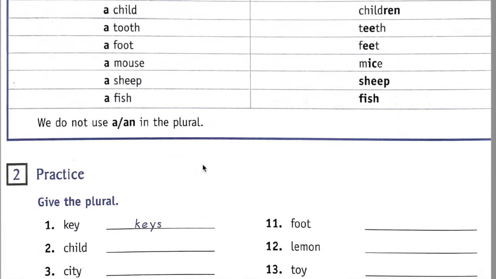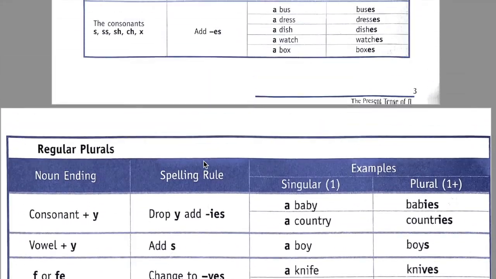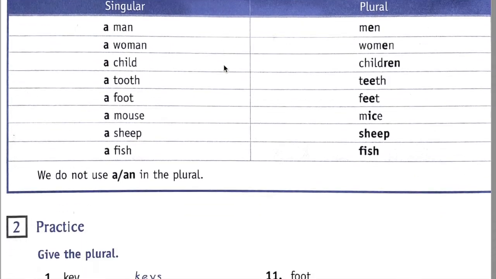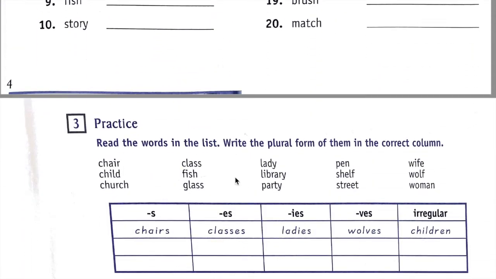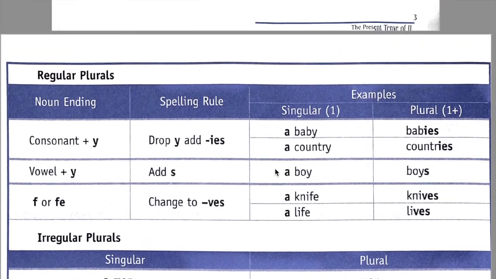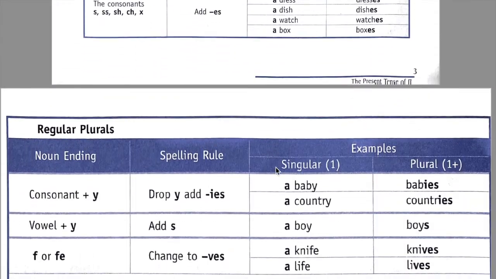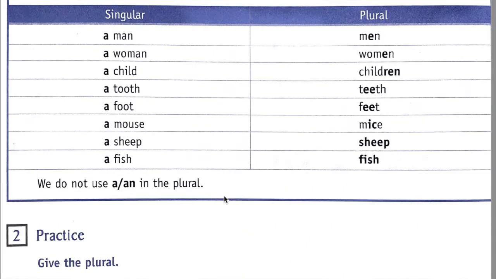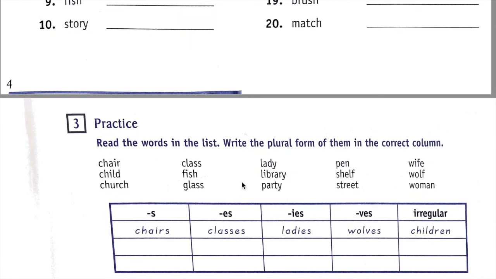If it ends in double S, you just add ES, and you put that in the ES column. Lady ends in Y. Go to your chart. What do you do when it ends in Y? You drop the Y and you add IES. So then lady becomes ladies, and it goes in that column.